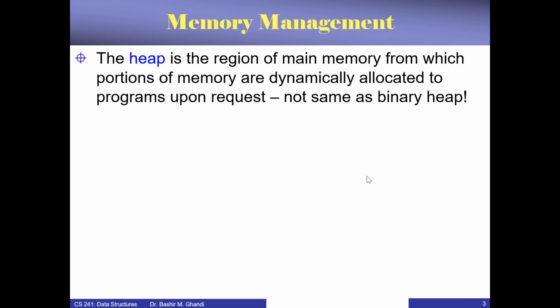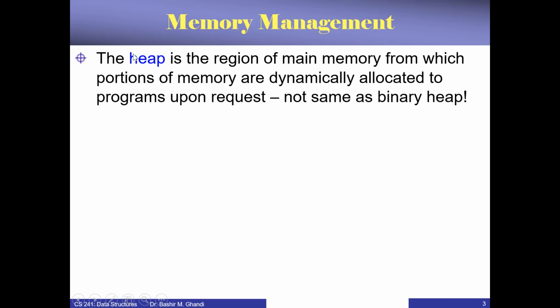Memory management. First, we note that the heap is the region of main memory from which portions of memory are dynamically allocated to programs upon request. Of course, heap here should not be confused with binary heap that we discussed in one of our lectures.